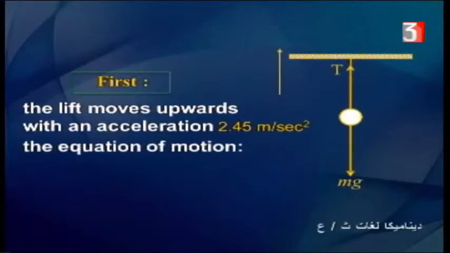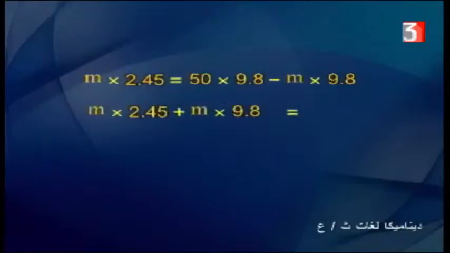Then the equation of motion is ma equals T minus mg. Now m times 2.45 equals 50 times 9.8 minus m times 9.8. m times 2.45 plus m times 9.8 equals 50 times 9.8.